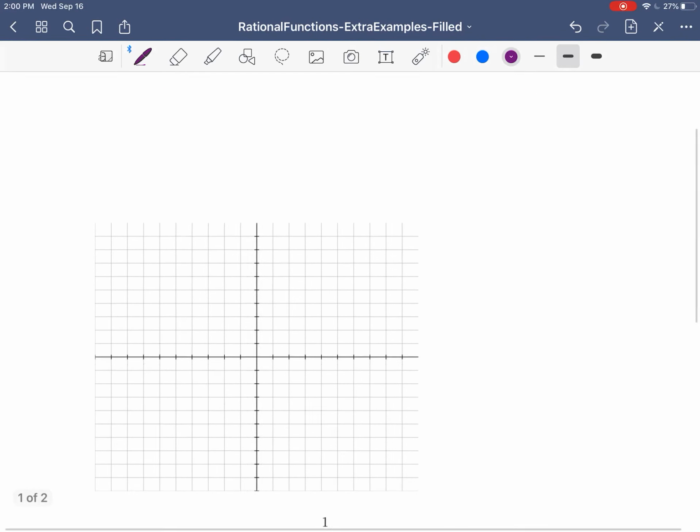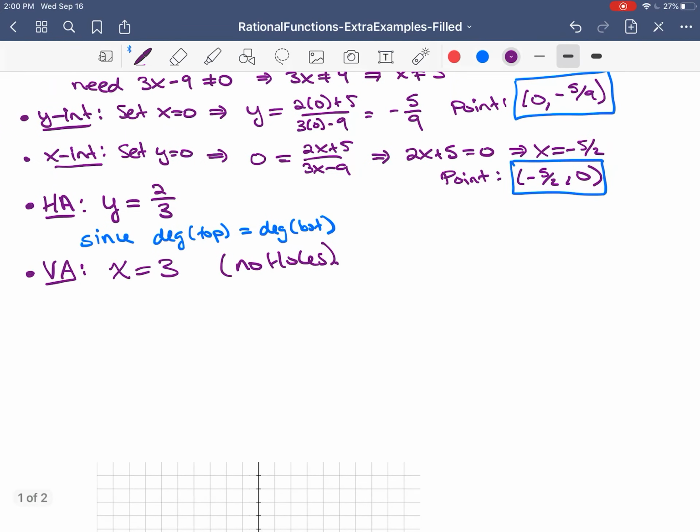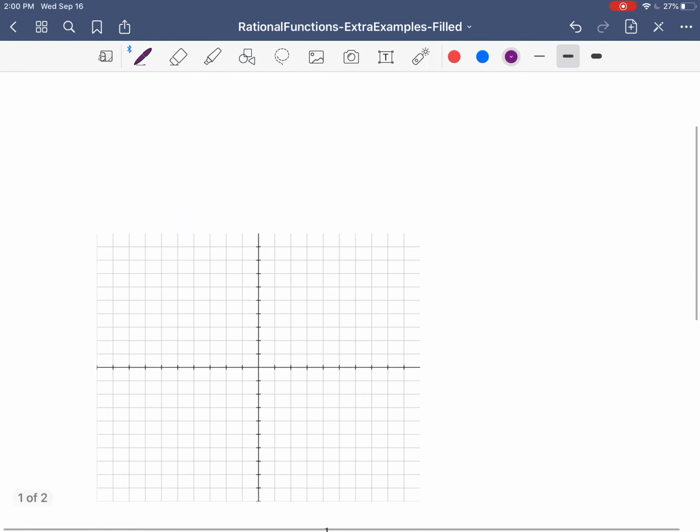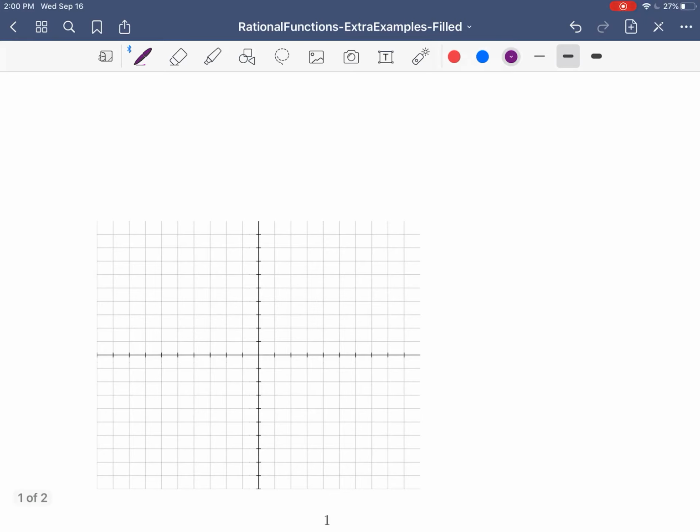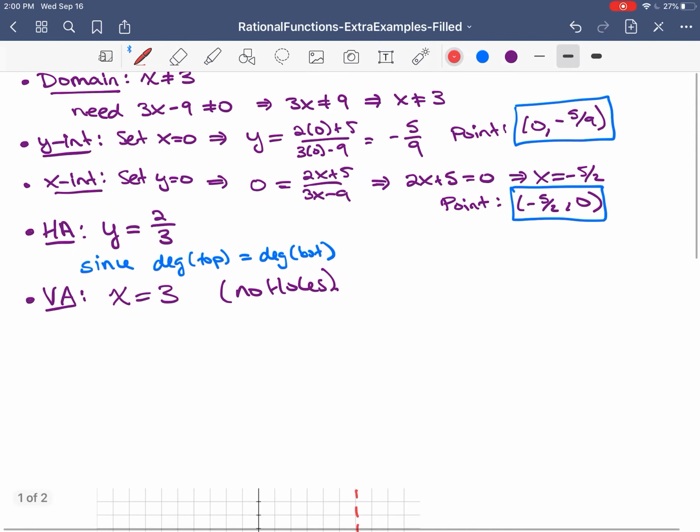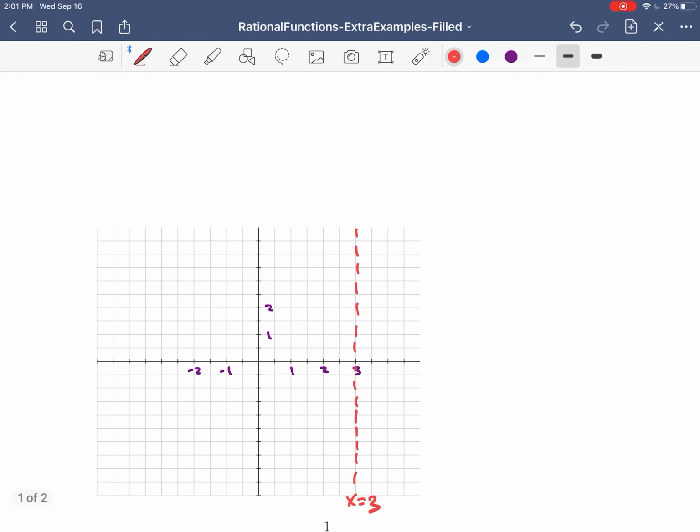I need to get to 2.5 and 3, so let's make it 1, 2, 3, negative 1, negative 2, etc. At x equals 3, we have a vertical asymptote. At y equals 2/3, we have a horizontal asymptote.